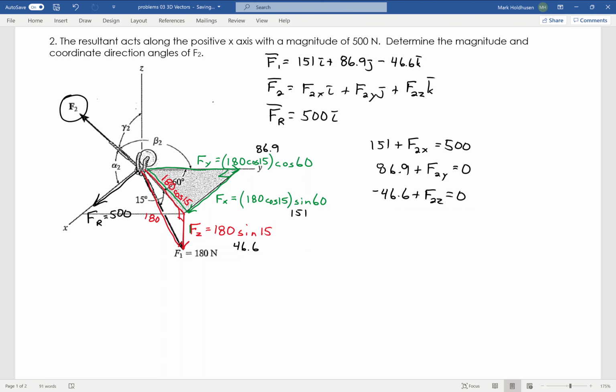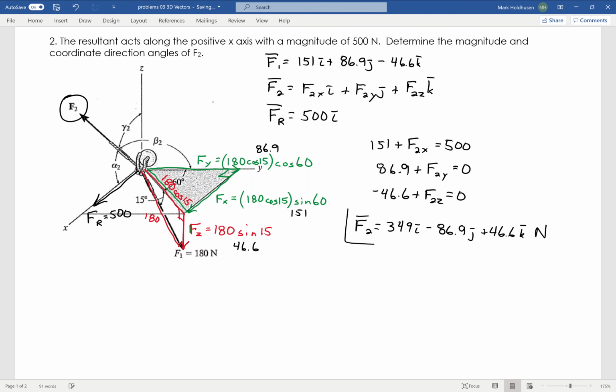From that, I solve for my x, y, and z components for F2, which is what I'm looking for. And when I do that solving, I get 349 in the i, negative 86.9 in the j, and 46.6 in the k.